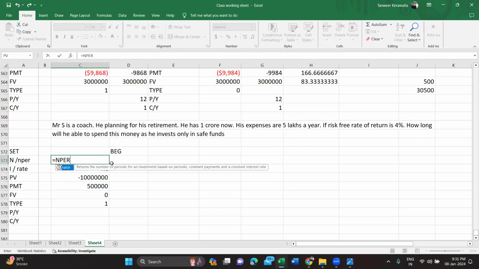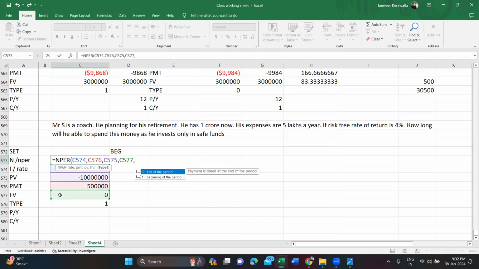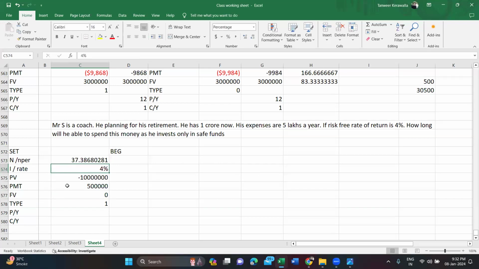NPER, bracket open, rate, comma, PMT, comma, present value, comma, future value, comma, and type is 1. That's around 37.38 years. Approximately 37.38. You can convert 0.38 into months. Will come to around how much?